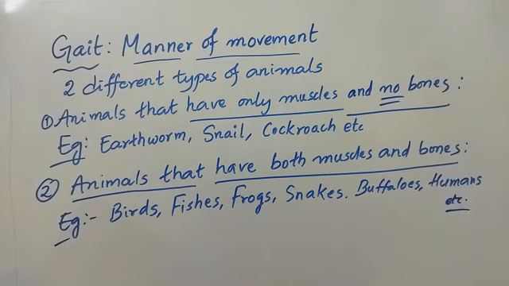Why do we learn about the animals that have only muscles and no bones, and the animals that have both muscles and bones?